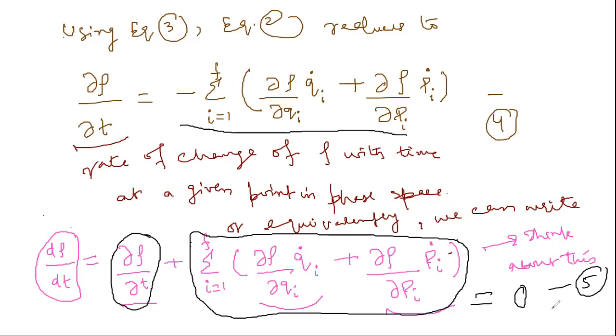This is the meaning of equation 5. I repeat, if you select one of the points in the cloud representing the ensemble of systems pertaining to a system which is isolated, right? So if you move along with a point in the cloud, you will not notice in your neighborhood that there is variation in density. It is in the neighborhood because we are taking only first order changes. We are taking only first order derivatives into consideration, right? So I hope it is clear.